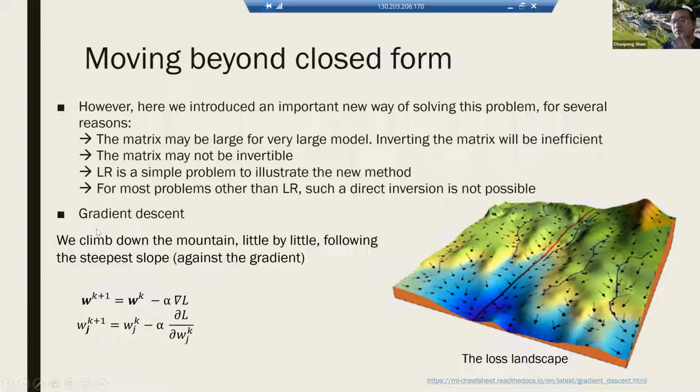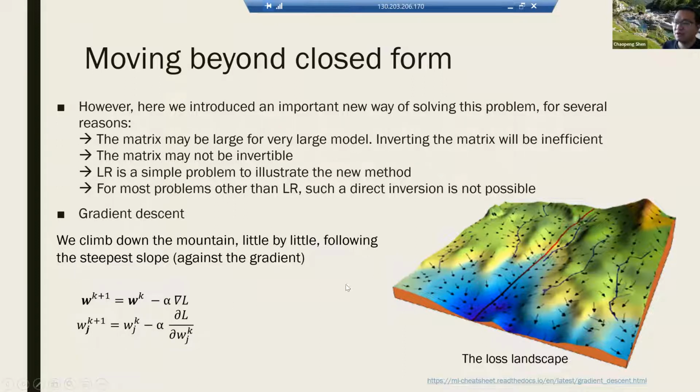Okay, so this method of gradient descent means that we climb down the mountain little by little, following the steepest slope. As you would imagine, the steepest slope is indicated by the gradient of the loss function. So we will just have to climb down little by little.